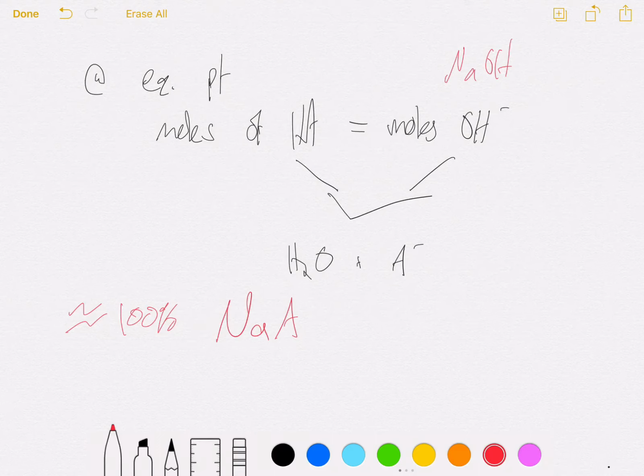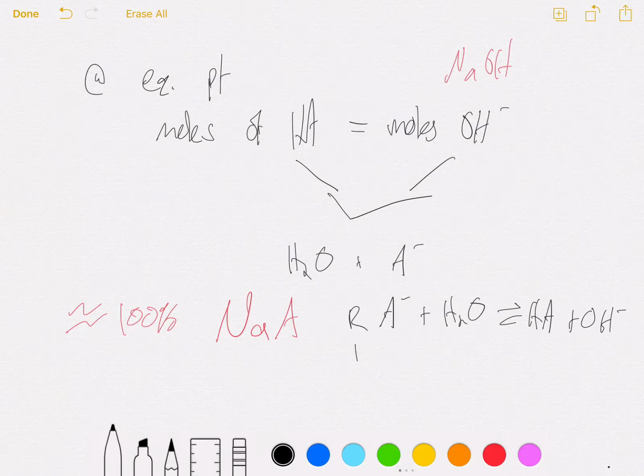And if this were just given to you, what's the pH of sodium acetate or sodium hypochlorite or some other sodium salt of a weak acid, the salt of its conjugate base, the way you do that is to do the base hydrolysis reaction. So A minus plus H2O going to now HA and OH minus.